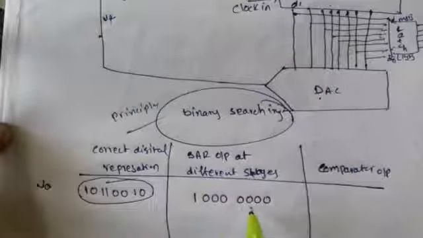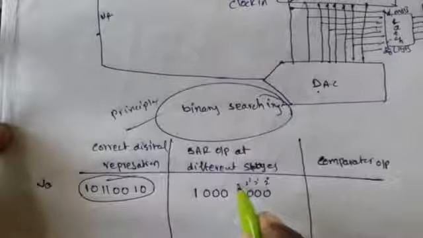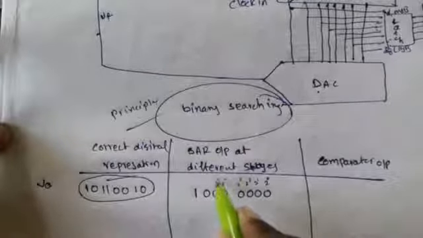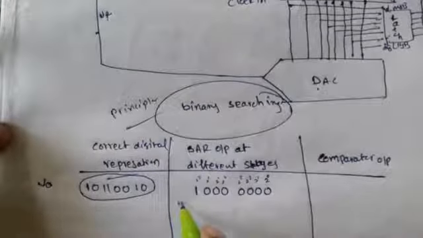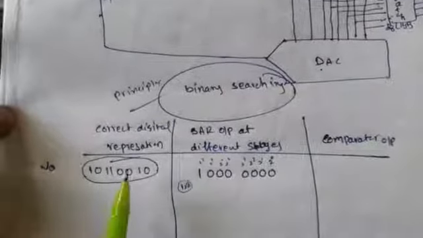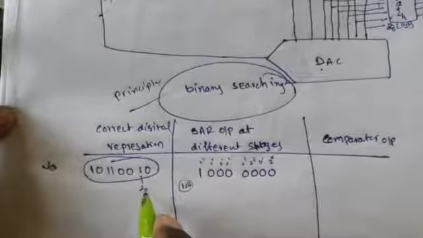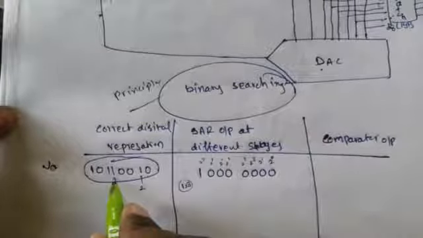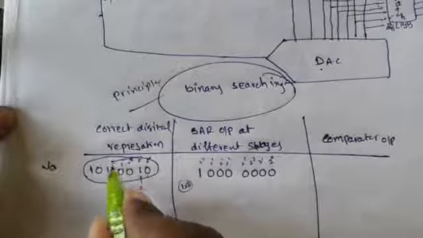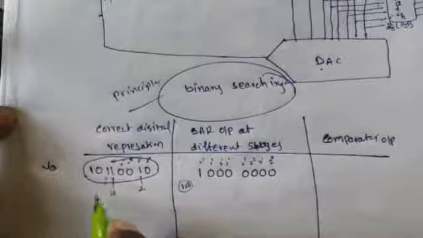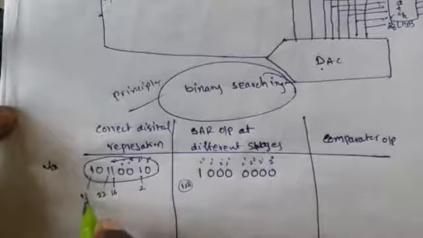You can take these as 2 power 0, 2 power 1, 2 power 2, 2 power 3, 2 power 4, 2 power 5, 2 power 6, 2 power 7. 2 power 7 means it is 128. So here, more than this 128 will appear. Here 2 power 4 means 16, 2 power 5 is 32, 2 power 6 is 64, 2 power 7 is 128.